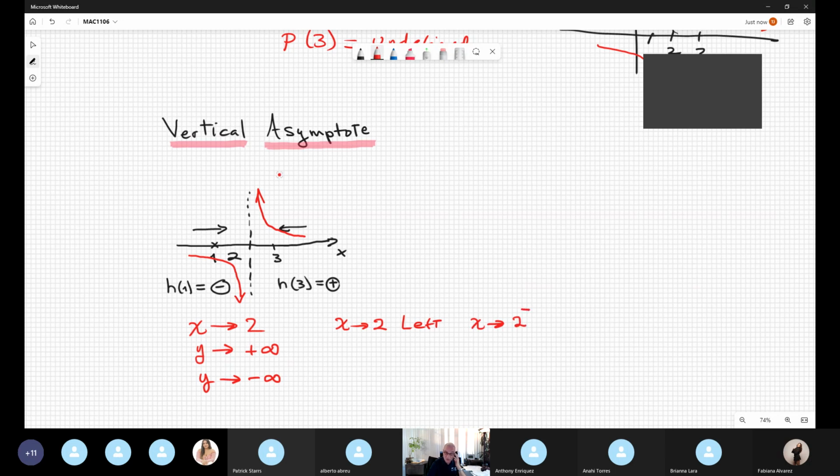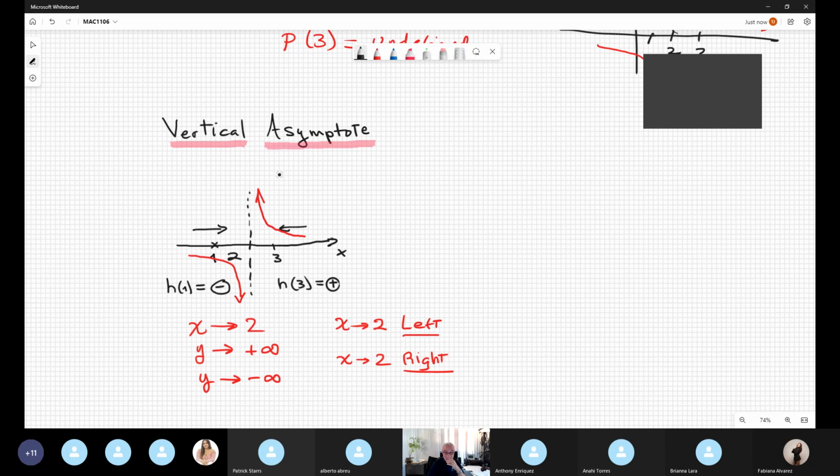You need to understand the difference between minus 2 and this small minus. The superscript minus means left, and x approaches 2 from the right is x approaches 2 plus. The plus is right, the minus is left. But it's not important now. In calculus, the teacher of course uses this notation every day.